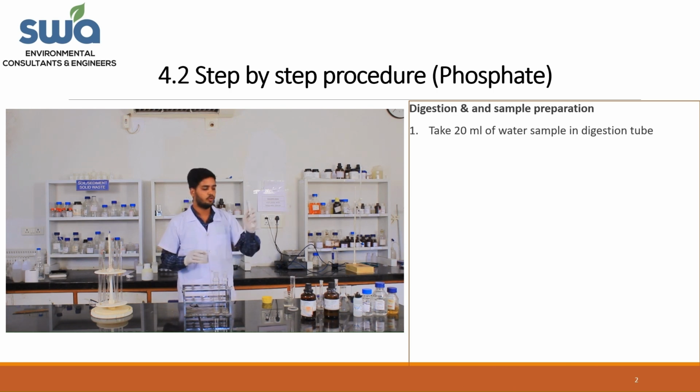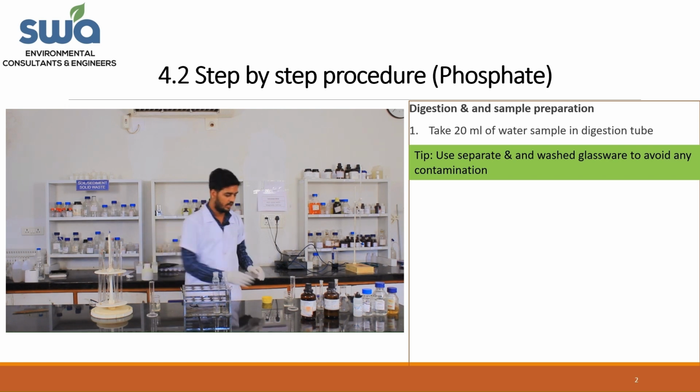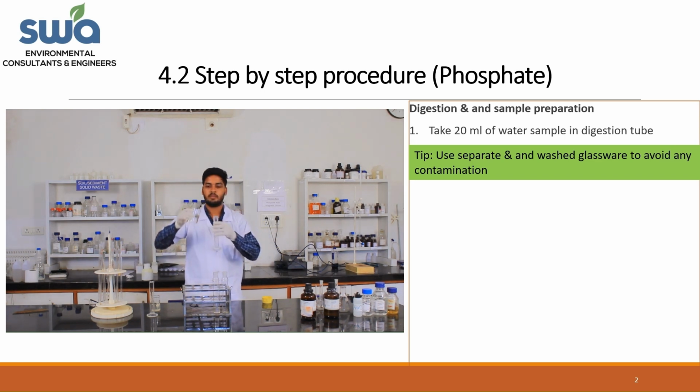Make sure you use washed glasswares for taking reagents and samples to avoid any contamination. So here we are taking 20 ml of STP inlet and another 20 ml of STP outlet.